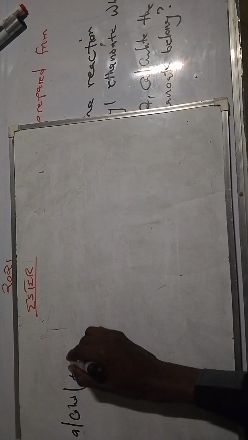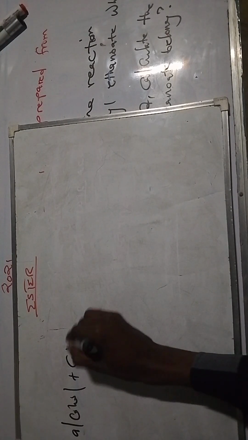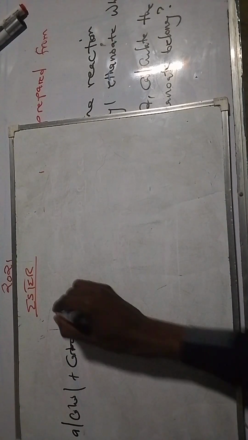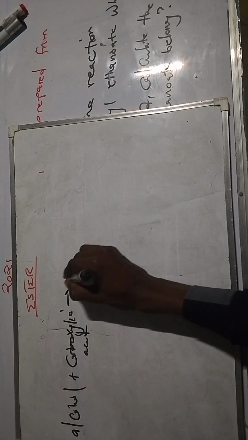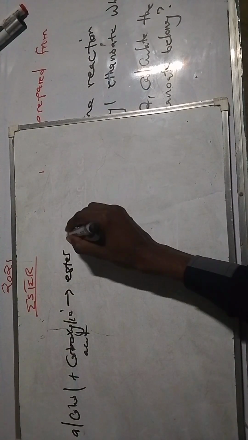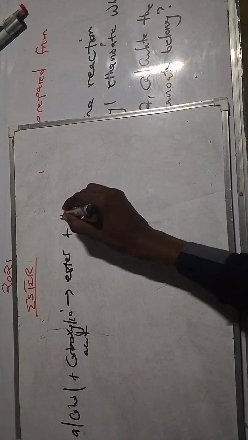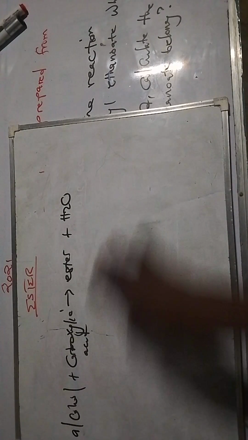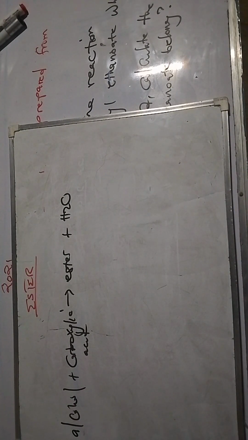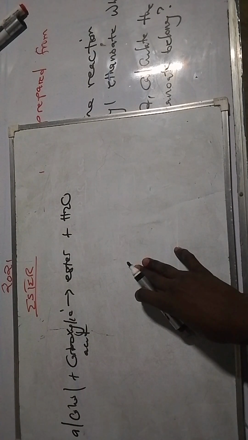Alcohol plus carboxylic acid forms ester plus water. That is the general equation. In most cases, equations involving formation of esters, we don't normally balance them.